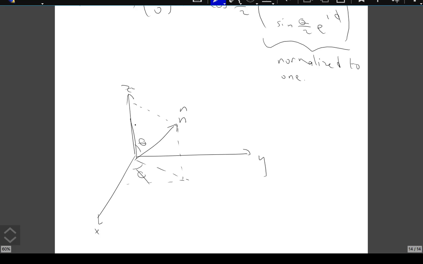I can start with the vector z hat and rotate around y by theta. Let's say this is n hat prime. Then I can rotate this around z by phi, and I would end up having my n hat vector. So basically, the n hat vector is first a rotation around y by theta, and then a rotation by phi around z of the z hat vector.